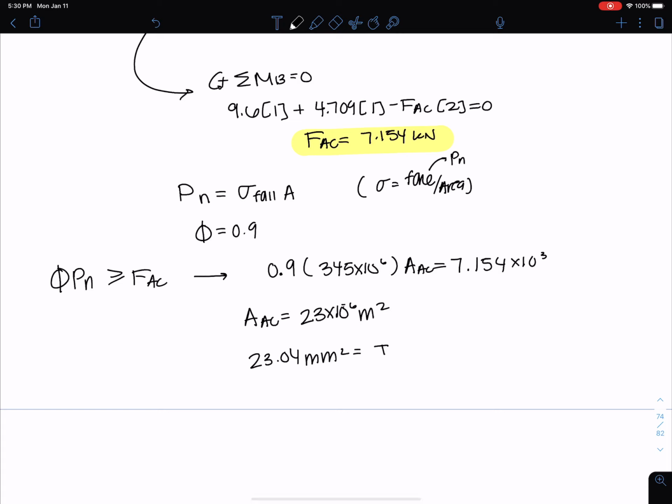I want to solve for diameter, so pi r squared. And I get 5.42 millimeters.